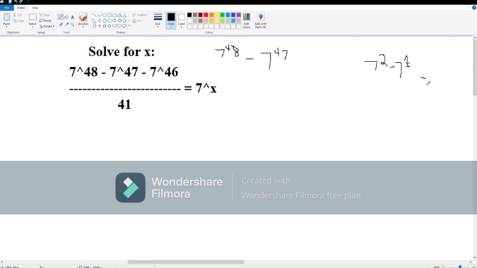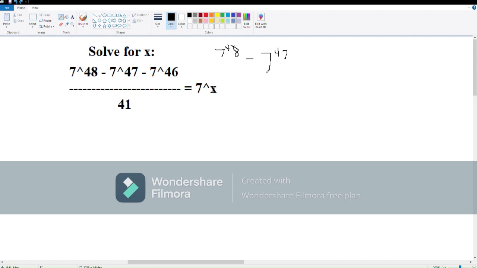Well, that would be 42. And how can we write this in terms where we have 7? Let's divide this by 7. Well, it would be 6, because we would take a 7 from it. So therefore, we're left with 7 to the second power minus 7 to the first power is equal to 7 times 6.